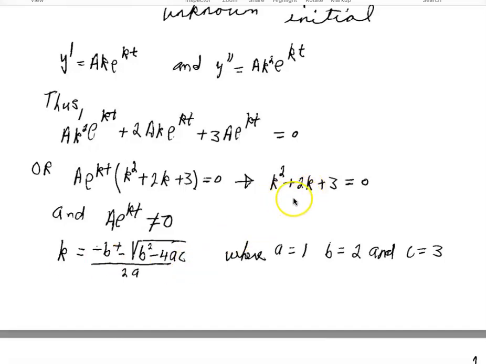So you see, this is a quadratic equation. You've seen that many times. The coefficients are a is 1, b is 2, and c is 3. So you can solve this quadratic equation in its standard form: k equals minus b plus or minus the square root of b squared minus 4ac, over 2a.